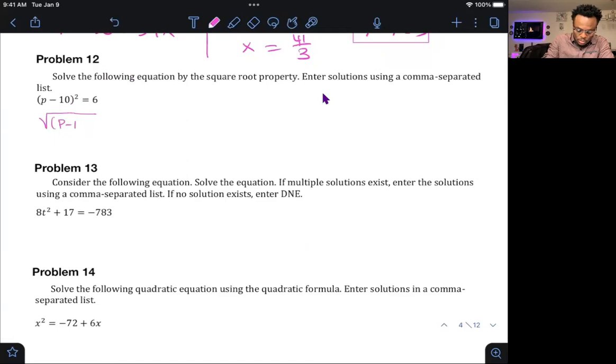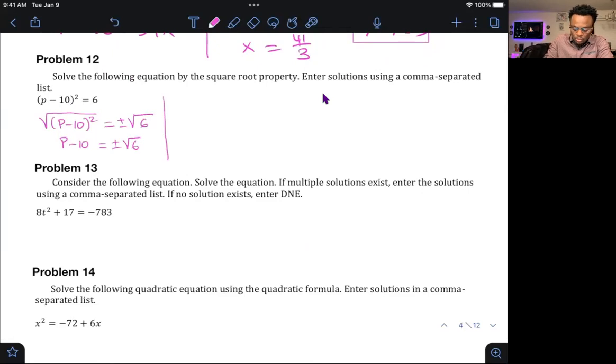equals plus minus the square root of 6, and p minus 10 equals plus minus square root of 6.